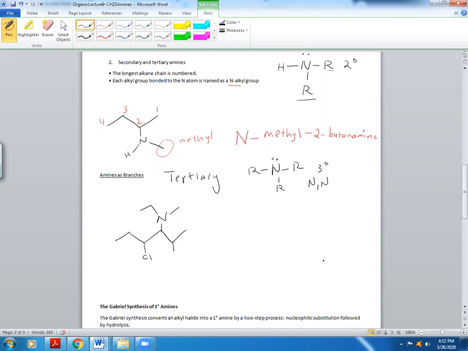How do we name this? Begin with the longest chain. So you go 1, 2, 3, 4, 5, and then 6. And that includes, by the way, the amine group here. Now, let us actually show that.